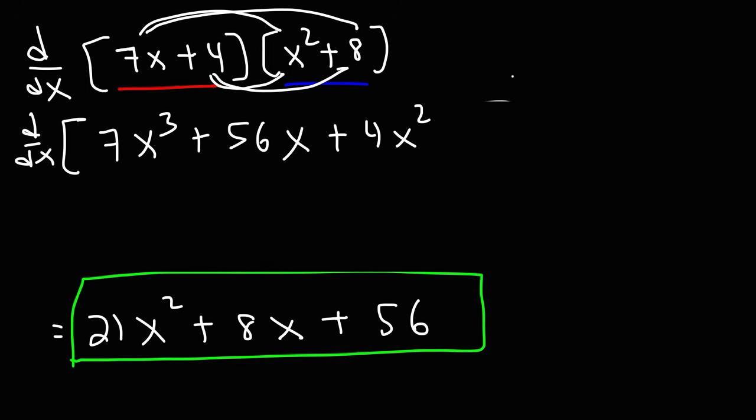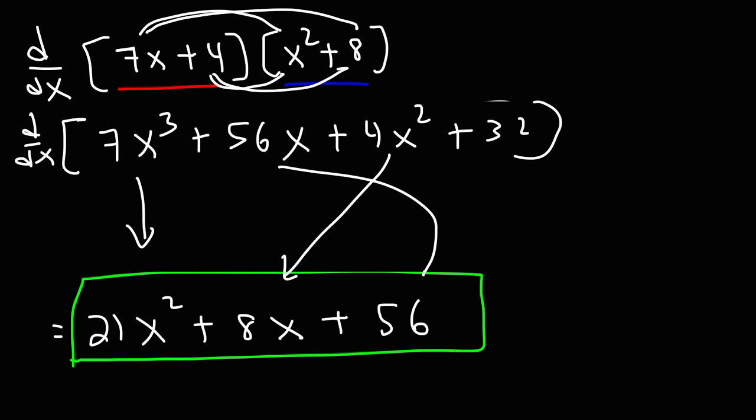And this 4 times 8 is 32. Now, if we were to take the derivative of 7x cubed, that's going to be 7 times 3x squared, which is 21x squared. The derivative of 4x squared is 8x, and the derivative of 56x is 56. The derivative of the constant is 0, so we would still get the same answer in the end.